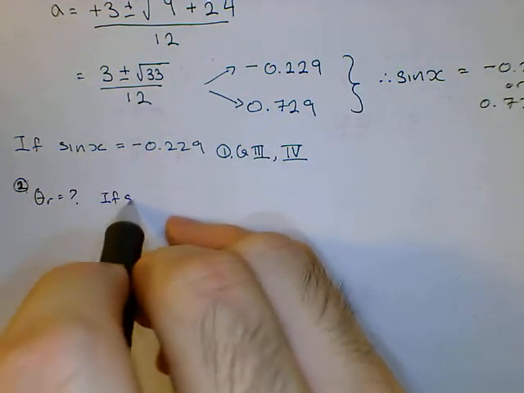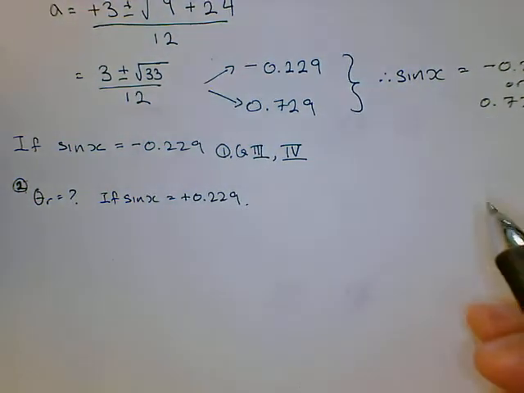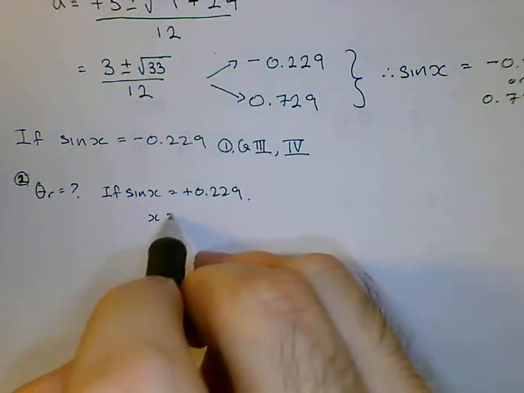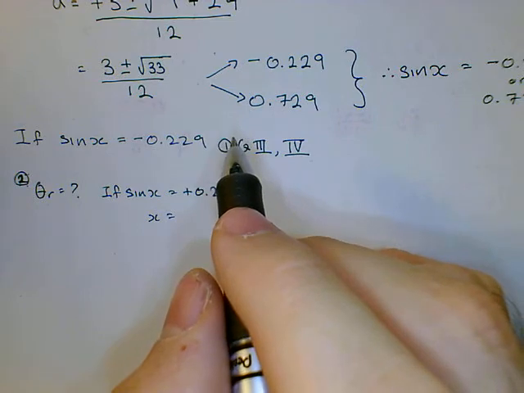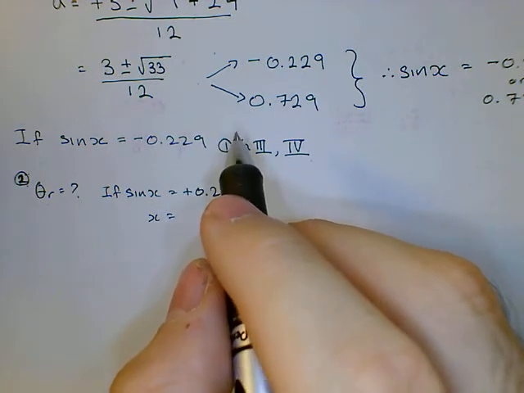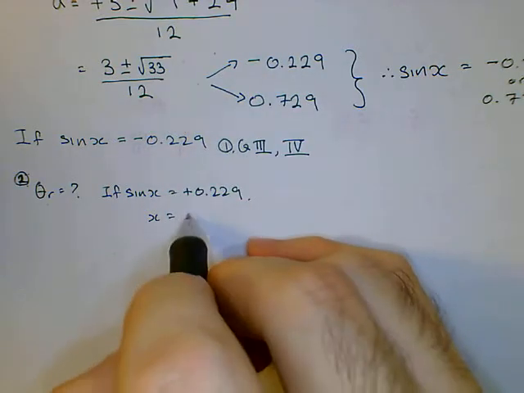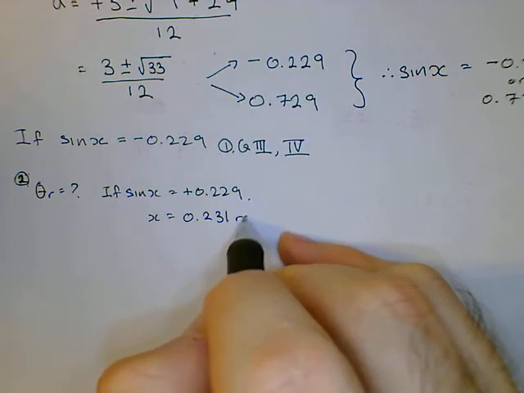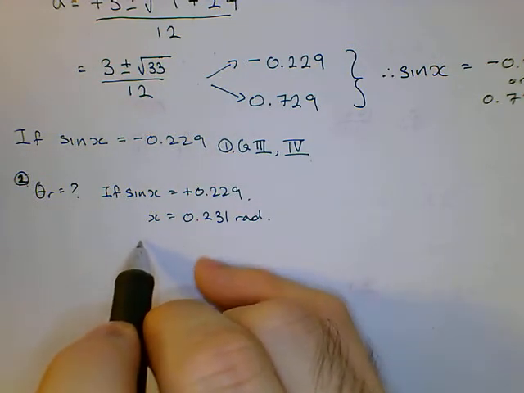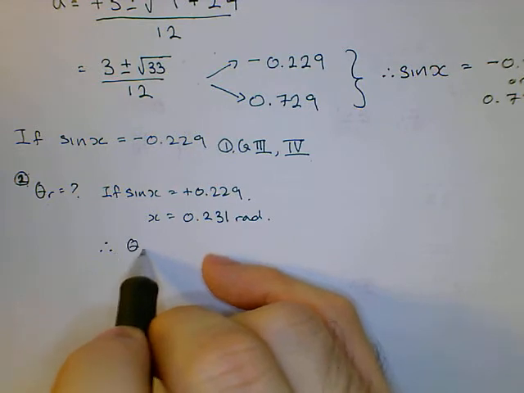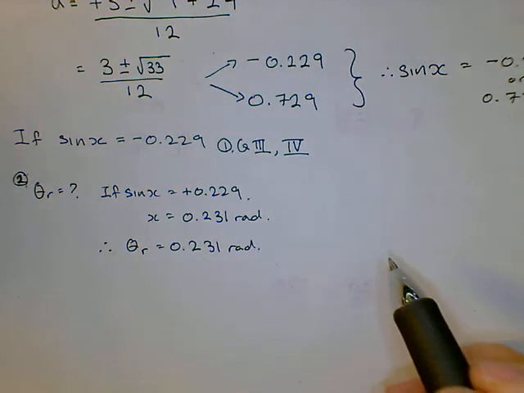Well, if sine x happened to be a positive 0.229, in other words if it was quadrant 1, x would be 0.231 radians. So in this case, my acute related angle is going to be 0.231 radians.